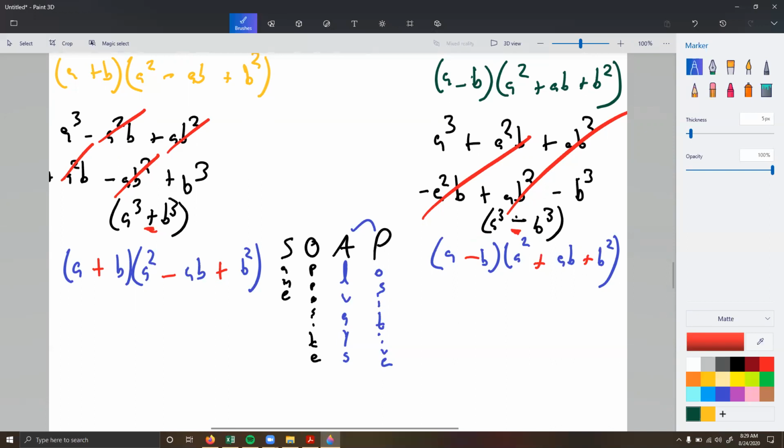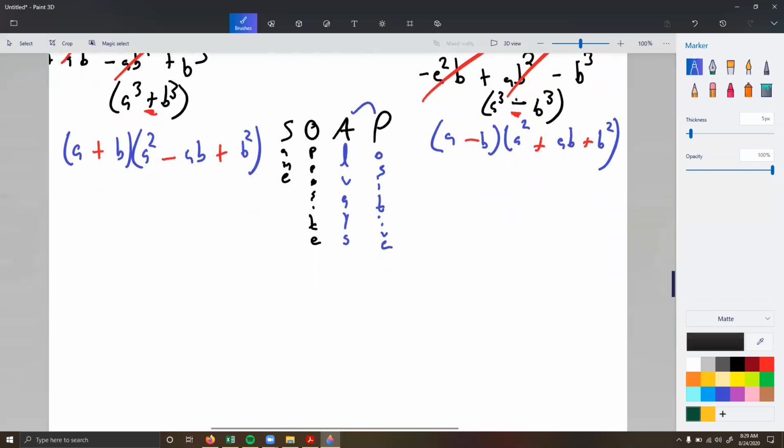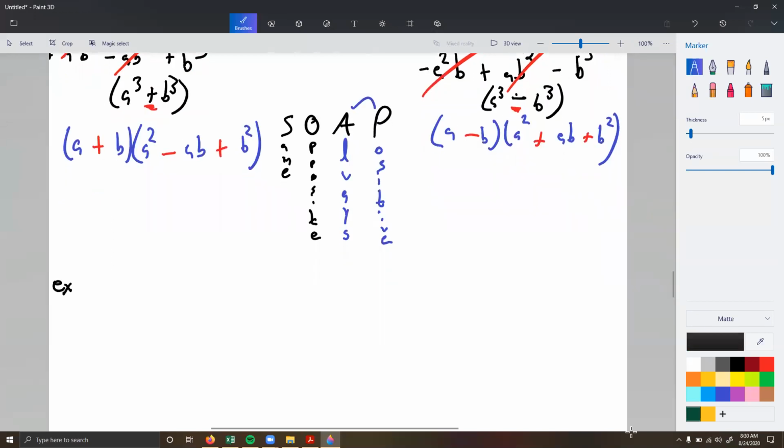Okay. So let's throw out a problem. Let's do 125 x cubed minus, and let's go with, and somebody made it to class, yay.